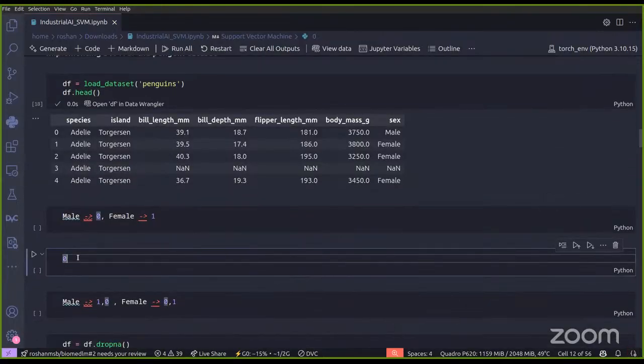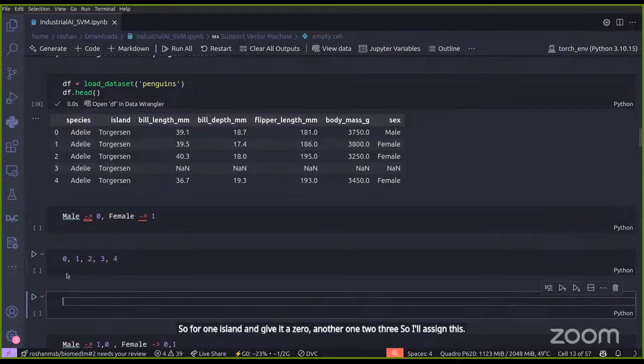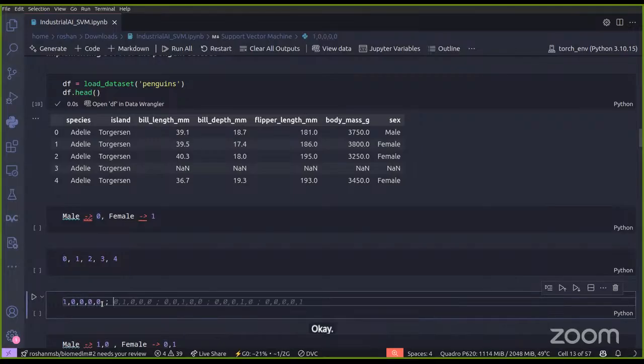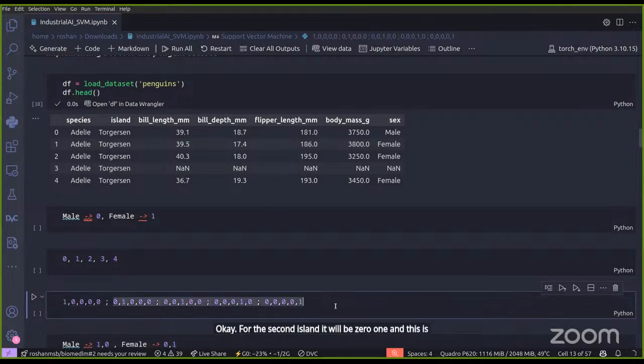So for one island, I'll give it a 0, another one 1, 2, 3, 4. So I'll assign this and then I'll do something called one-hot encoding. So for the first island, the value will be 1, 0, 0, 0. For the second island, it will be 0, 1, and this is how I'll represent it.